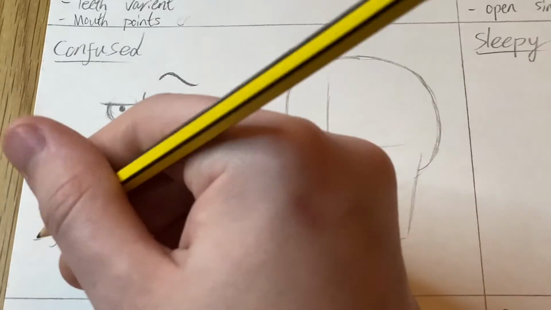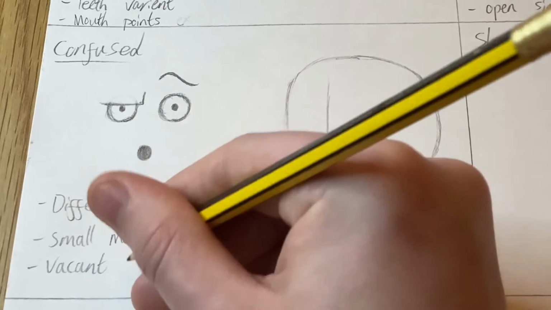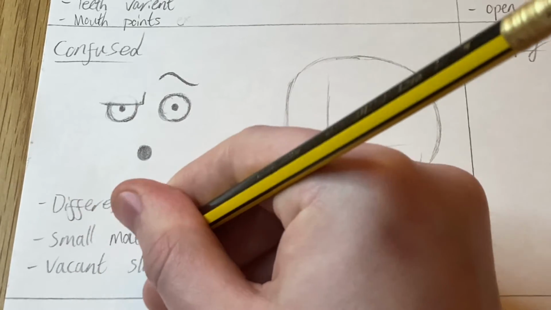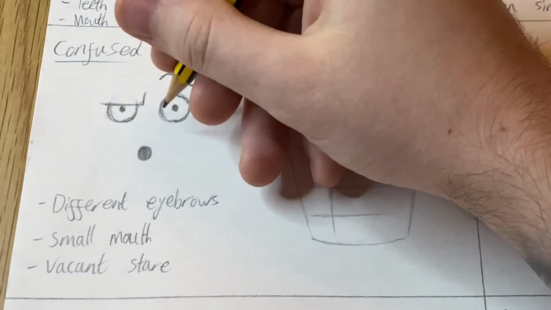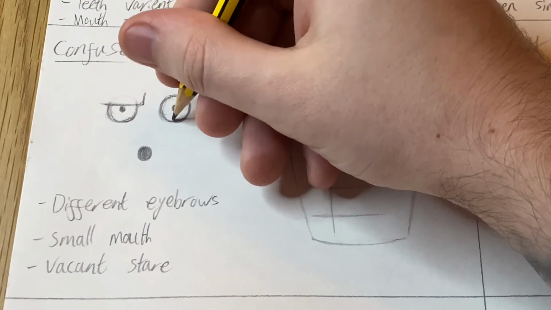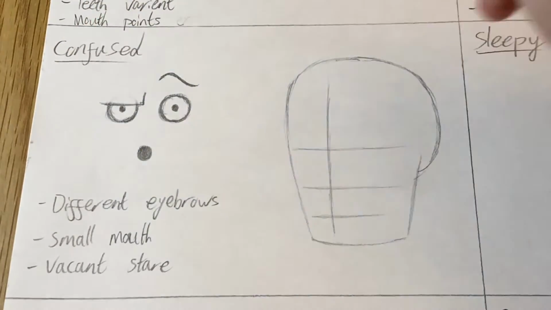And then the vacant stare is also key. The more the character is looking at something with confusion, the better. So the more vacant you can make the look, the more you'll get that confusion aspect on point.